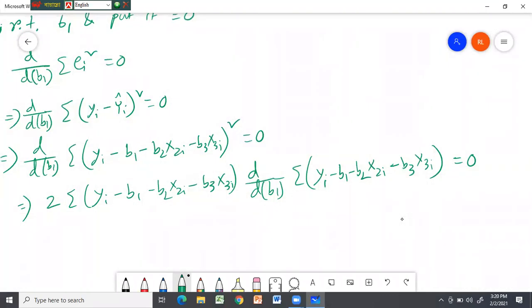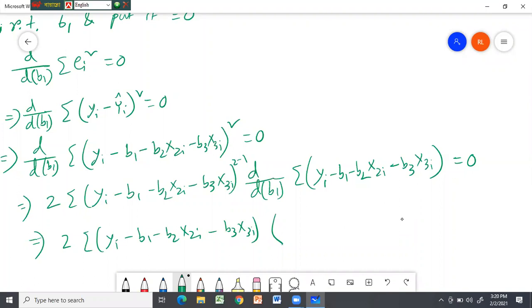After that, you have differentiated the inside function with respect to b1. The other parameter values become constants, and the differentiation of a constant is 0.